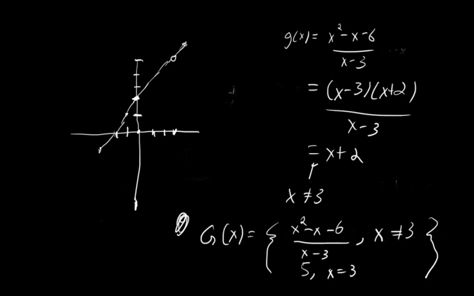But in this case, when the denominator is 0 at x equals 3, we have a removable discontinuity. So if you're looking at a function where the denominator is 0 and you're asked to identify the type of discontinuity present, the answer is really going to vary on a case-by-case basis. Hopefully with some practice you'll be able to figure out which situation you're dealing with.